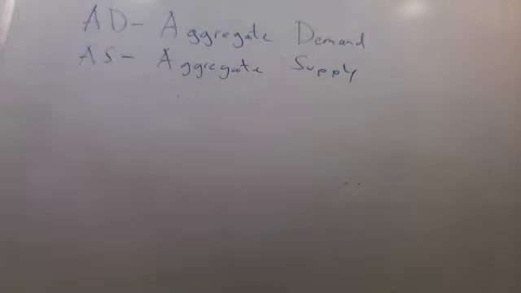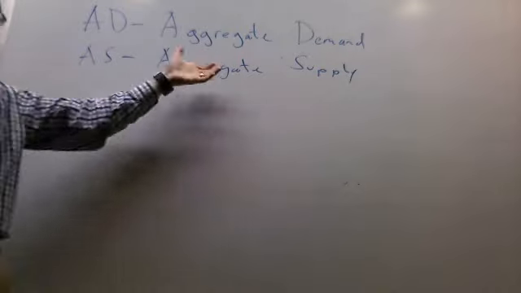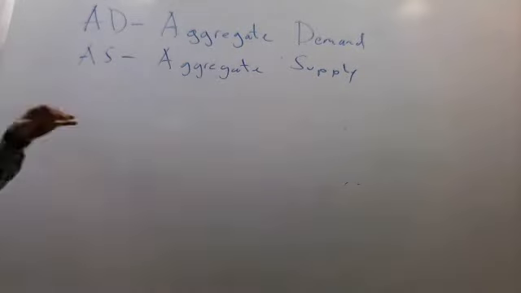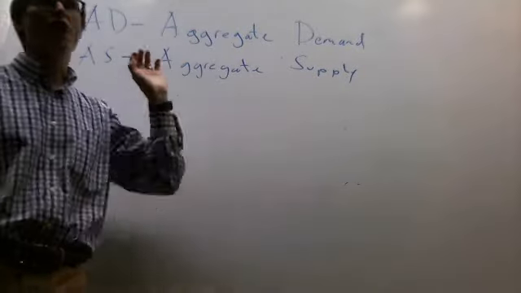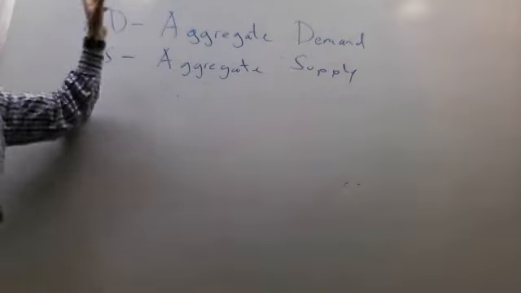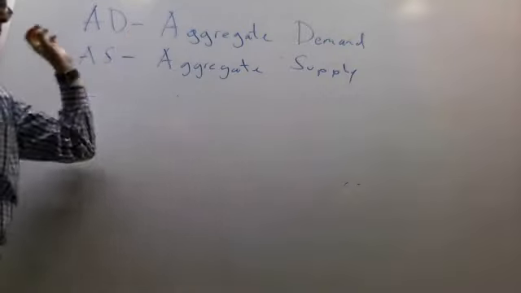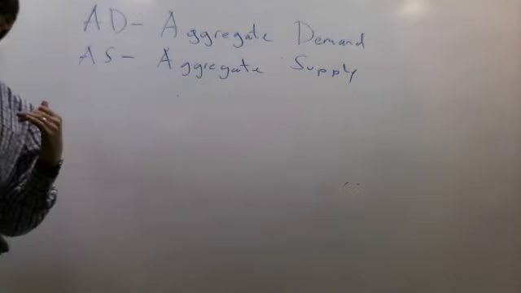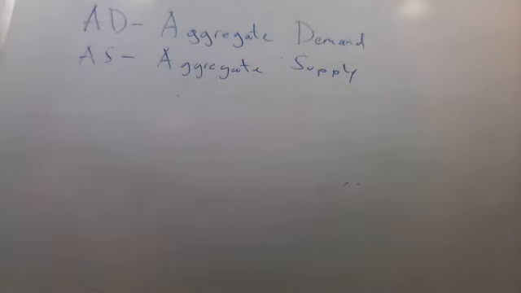And what this model shows is, in aggregate, what's going on with the demand for all the goods and services in the economy, and likewise, the supply of all the goods and services in the economy, and how that interaction between the demand for everything and the supply of everything affects price level, GDP, and unemployment. That's where we're going with this.